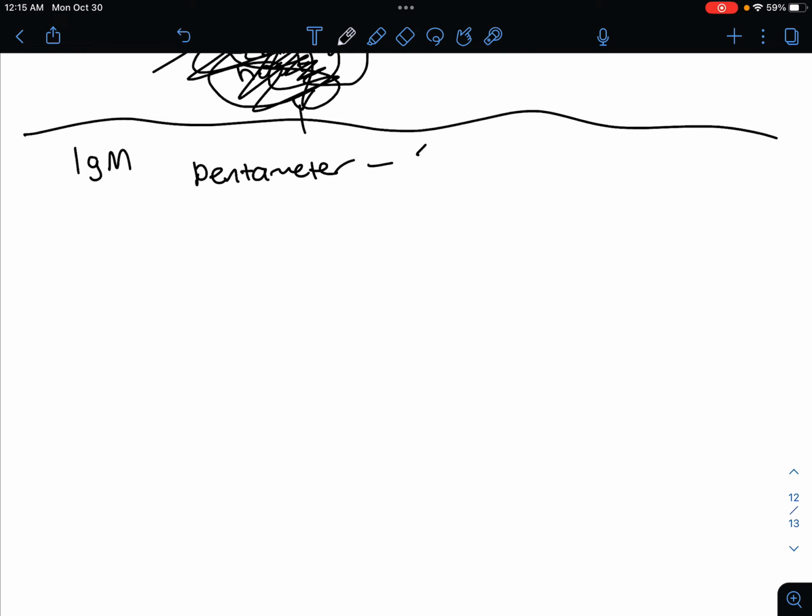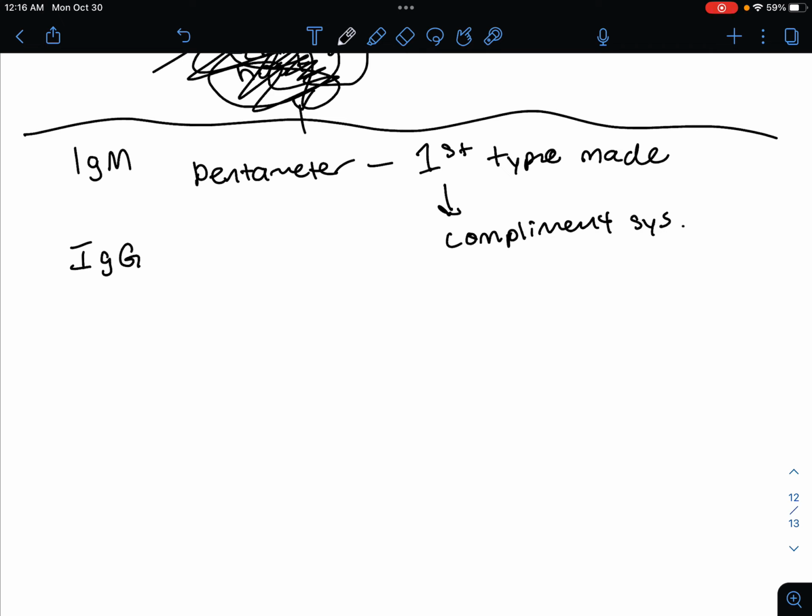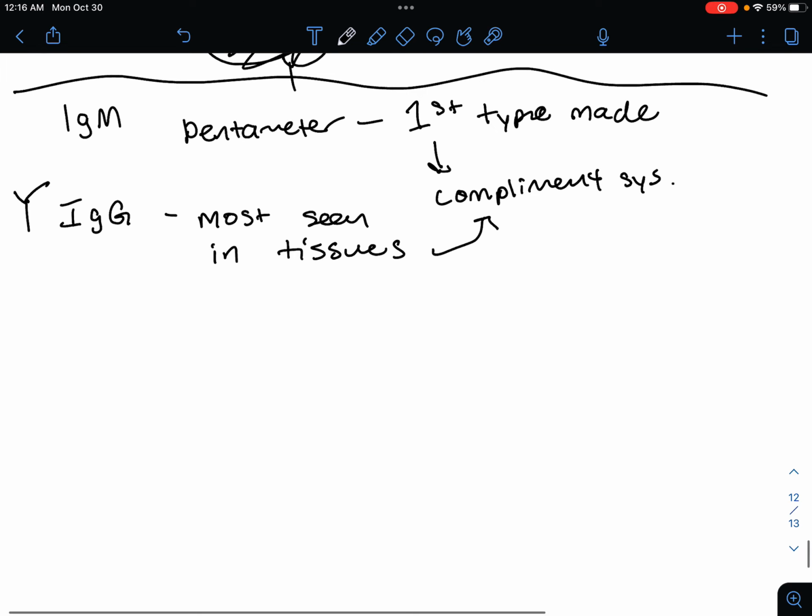This is the first type made, and then this will lead to the complement system when binding happens. We also have the IgG, and this is going to be our regular Y one. It's a monomer. This is most seen in tissues. This also leads to the complement system.